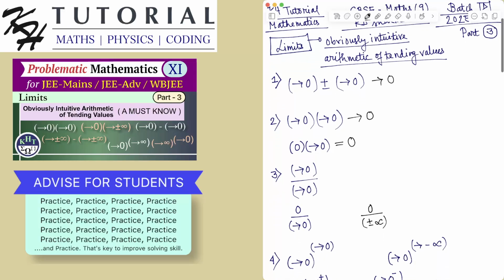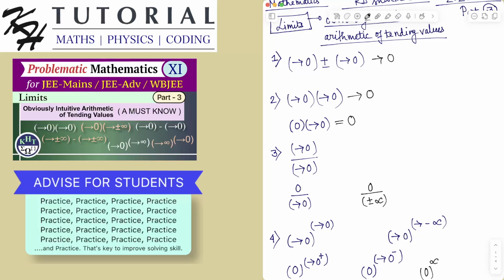Okay. Third one, tending to 0 divided by tending to 0. This is an indeterminate form. We cannot deterministically say to what value it will tend.